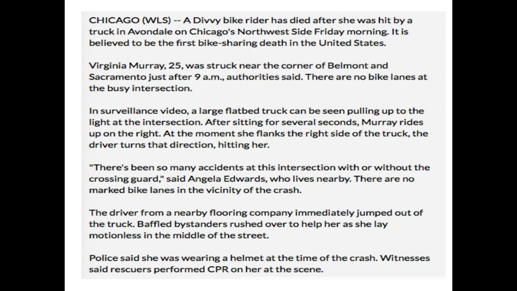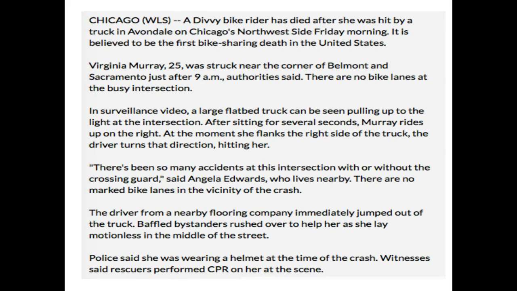A Divvy bike rider has died after she was hit by a truck in Avondale on Chicago's northwest side Friday morning. It's believed to be the first bike sharing death in the United States. Virginia Murray, 25, was struck near the corner of Belmont and Sacramento just after 9 a.m., authorities said. There are no bike lanes at the busy intersection. In surveillance video, a large flatbed truck can be seen pulling up to the light at the intersection. After sitting for several seconds, Murray rides up on the right.